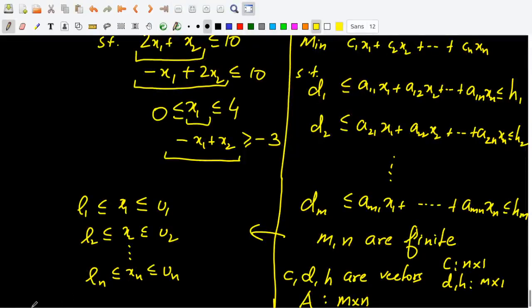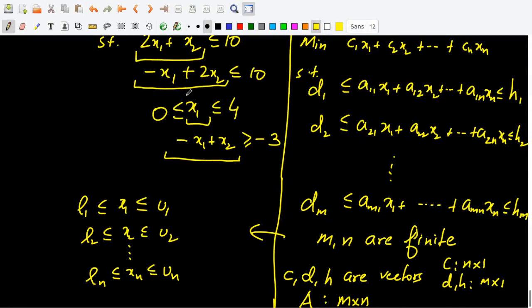So this is the most general form, where you have some bounds on variables on both sides and some bounds on linear functions on both sides. It is possible that some of these bounds are infinite.